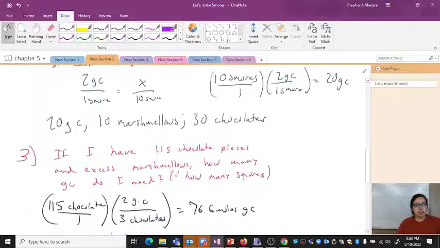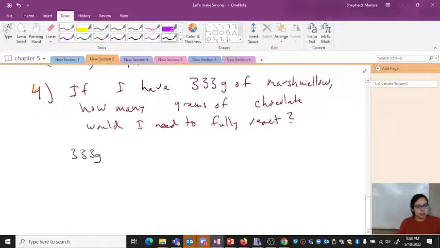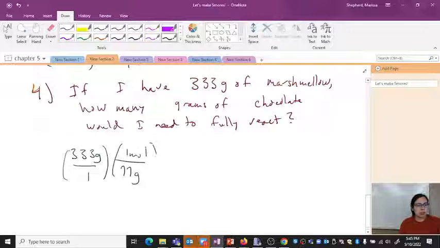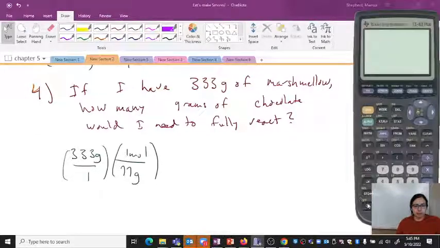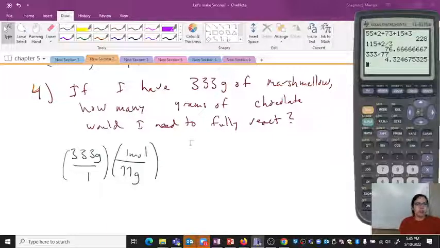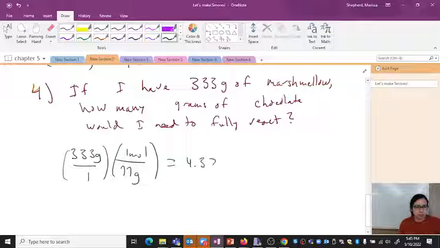And so that makes sense. 77 grams per mole. So if we're dividing, 77 goes on the bottom, 1 mole on top. And let's see what that gives us. So then this means that we have 4.32 moles of marshmallow.